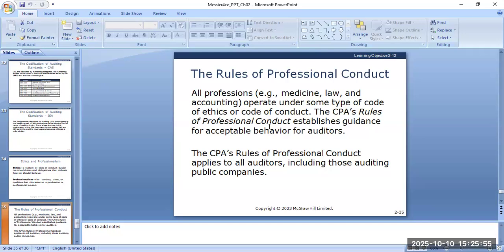The CPA rules of professional conduct also establish acceptable behavior for auditors. Once you become part of the CPA, the first thing they're going to throw at you is the rules of professional conduct and ethical standards. The CPA rules of professional conduct apply to all auditors, including auditors of public companies.